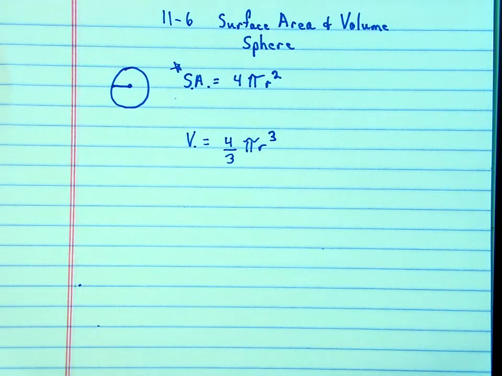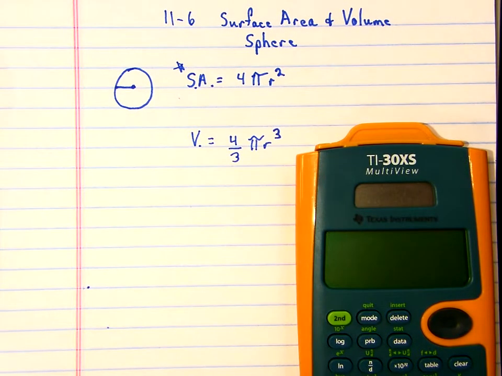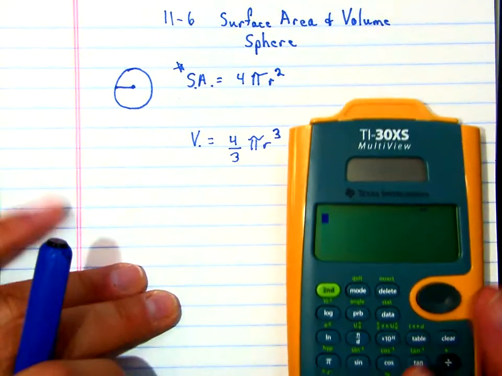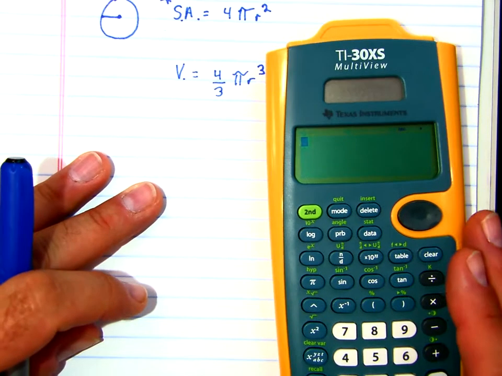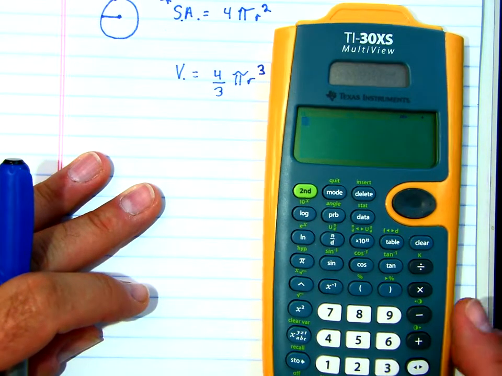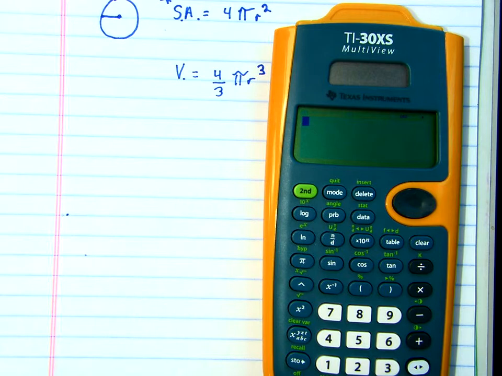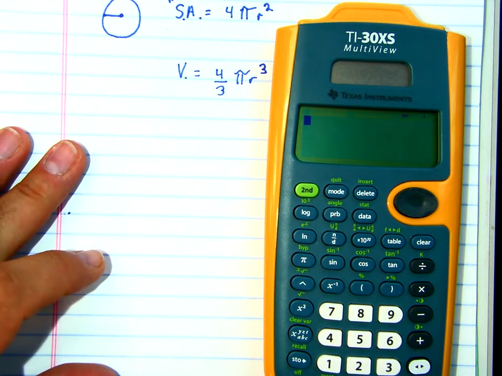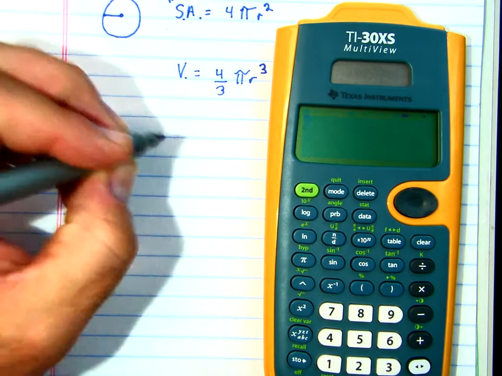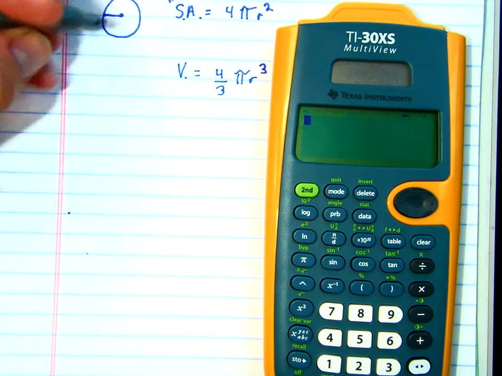Cube rooting involves this function. So I'll show you how to use your calculator here so you know how to raise something to the third power. Let's look at a sample problem. Let's say they give me a diameter of 14.